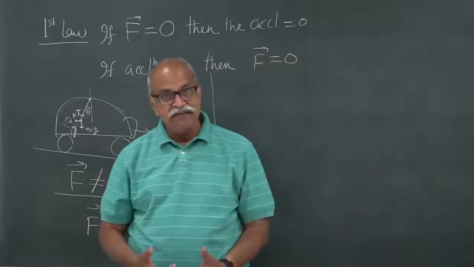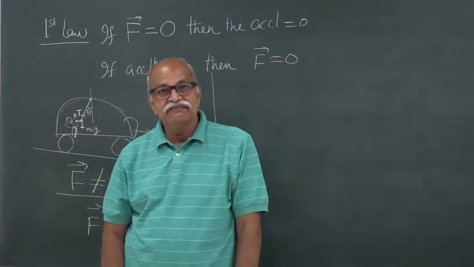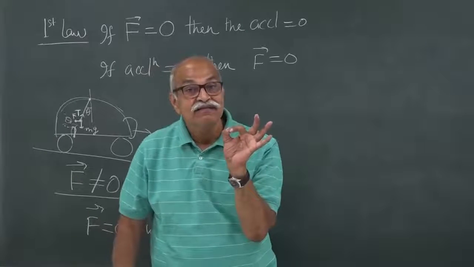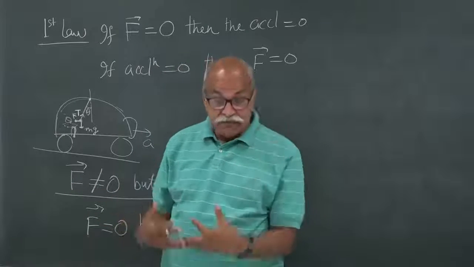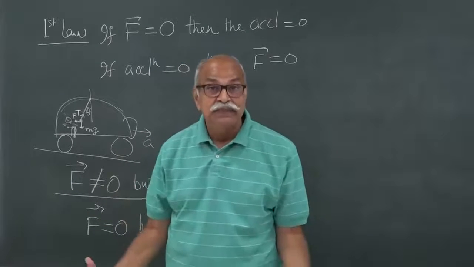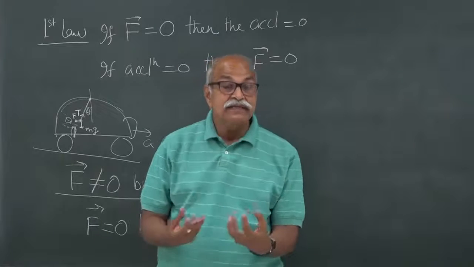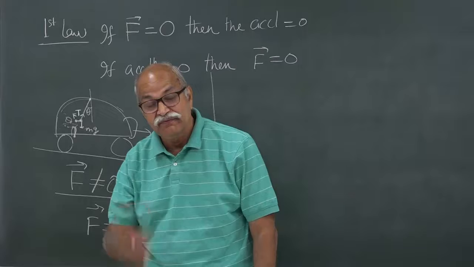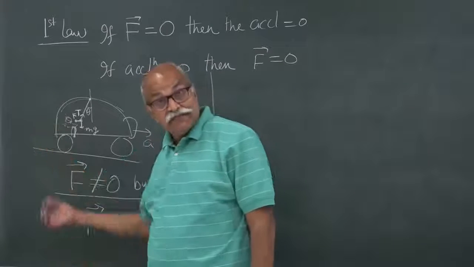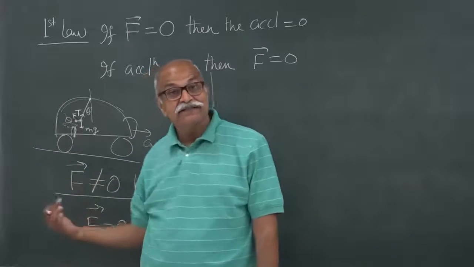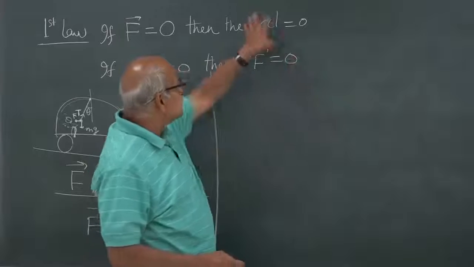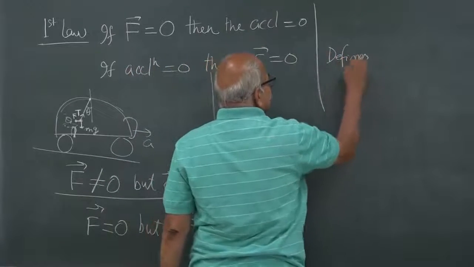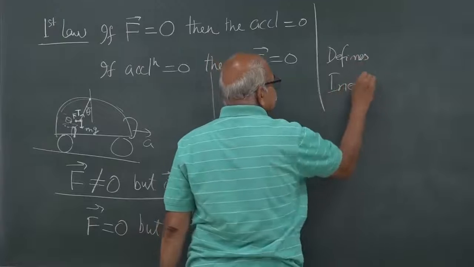But whenever we want to do some physics where the accuracy is important and our instruments are sensitive enough to detect small changes in the motion, or we can measure very small forces, then yes, we do take care of the fact that earth is not inertial. So this first law actually defines inertial frames of reference.